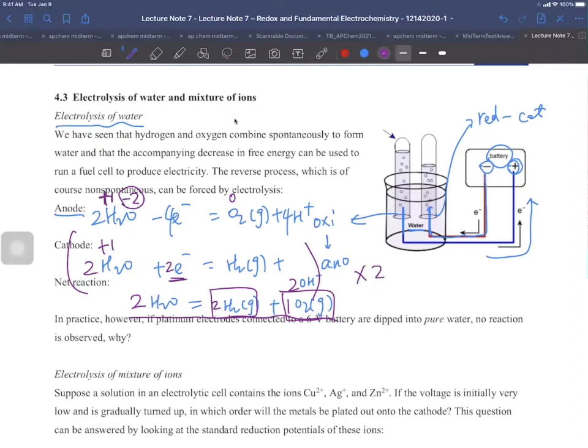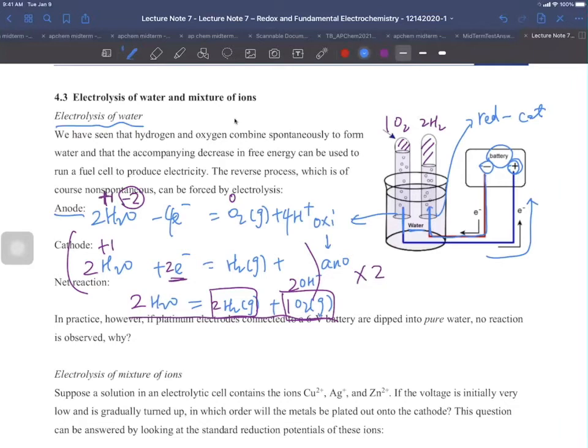So as you can see, the volume here, this is 2 H2, this is 1 O2, right? It makes sense. So, in the, I think, 18th century, scientists, chemists used this kind of method to confirm the formula of the water.